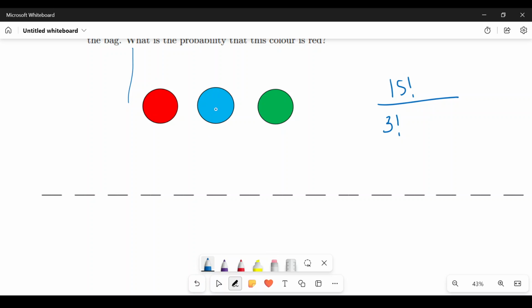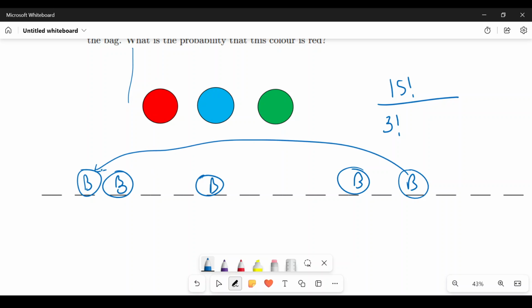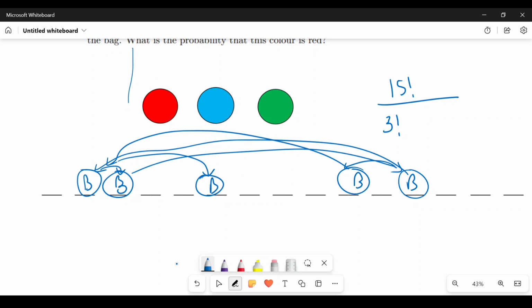And of course, I need to do the same thing for the blue. There are 5 blue marbles, and for example, in some of the 1.3 trillion outcomes, I have blue marbles in those 5 positions, but I've counted as a different event all the ways that these blue marbles could be intermixed around with each other, despite the fact that that wouldn't look any different in terms of my outcomes.